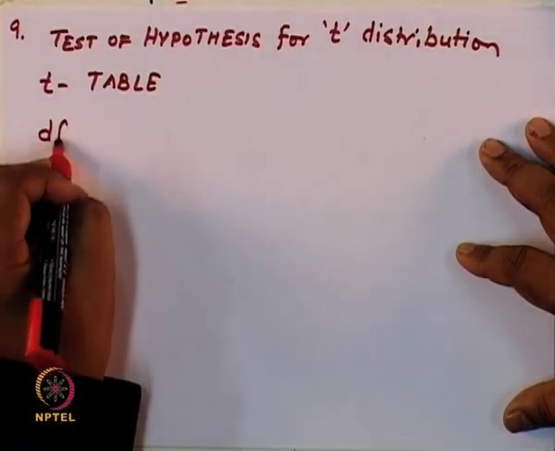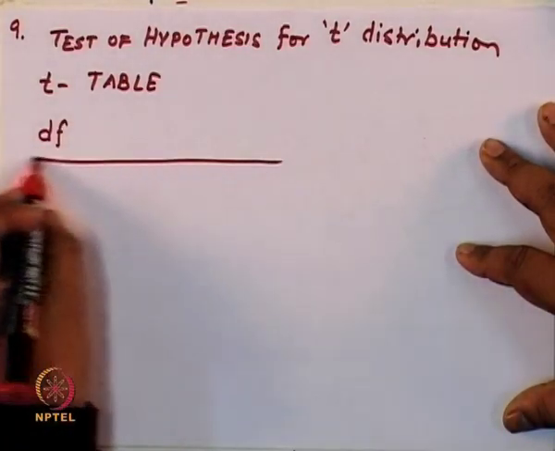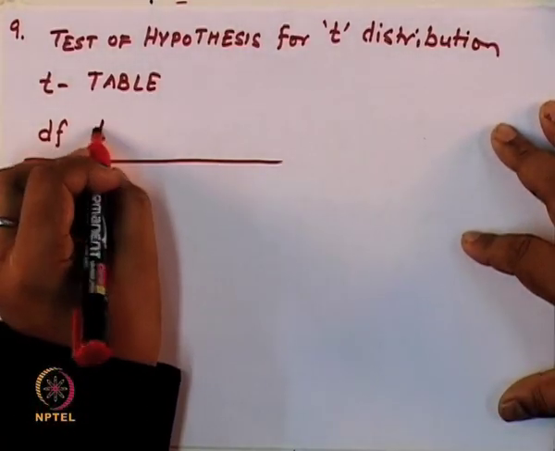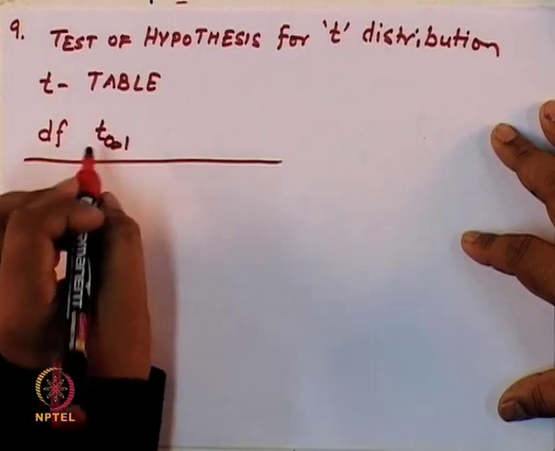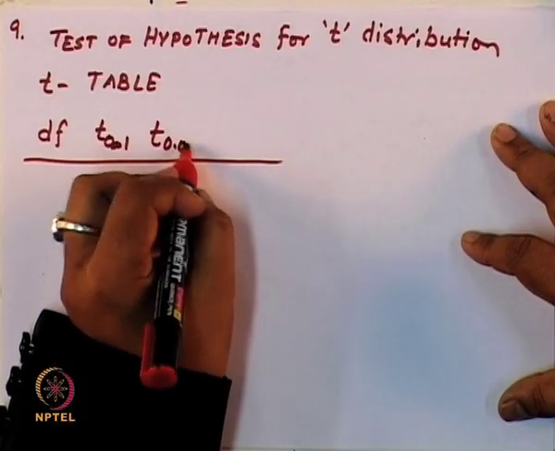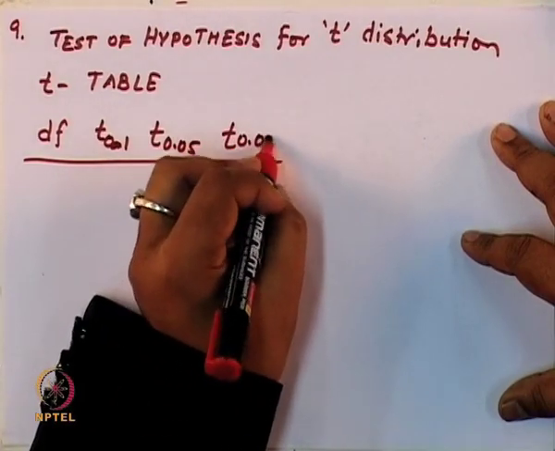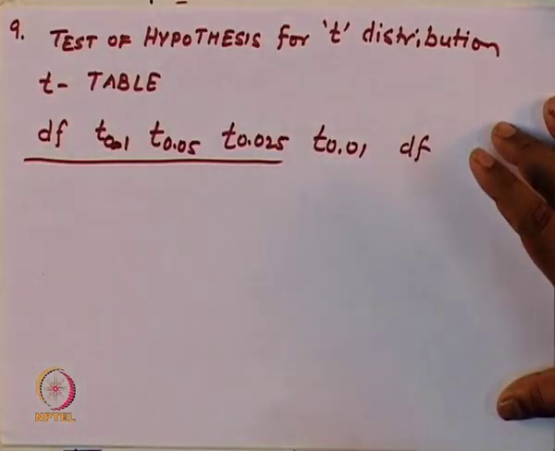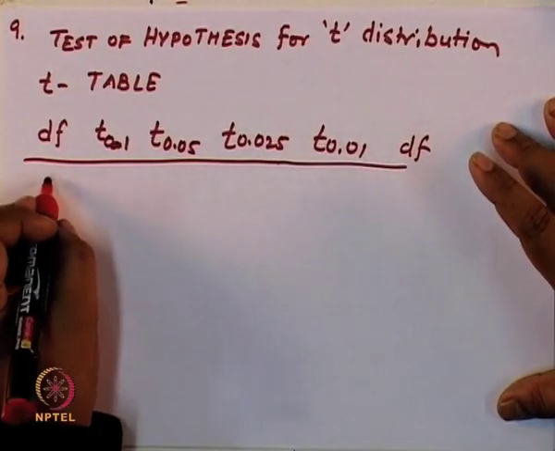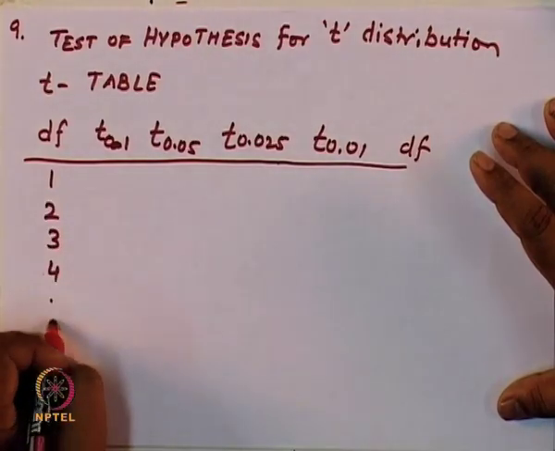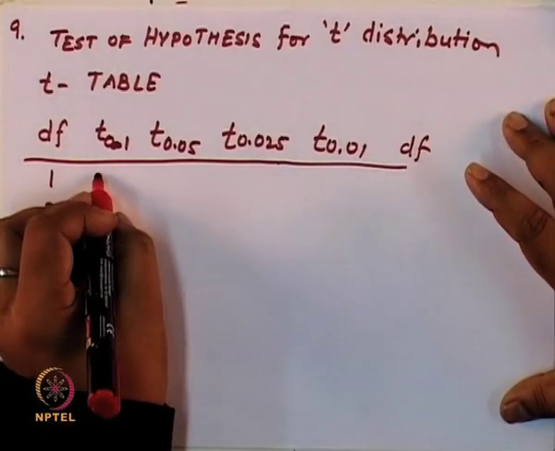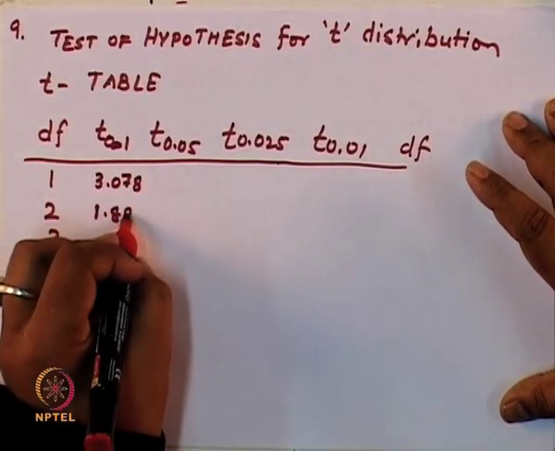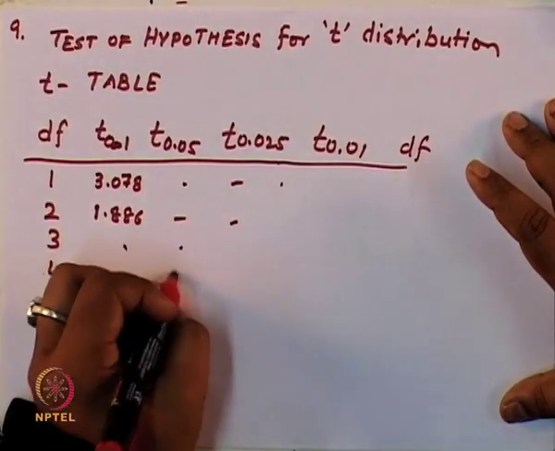You have df, the degrees of freedom, and you have t of 0.1, t of 0.05, t of 0.025, t of 0.01, and again the degrees of freedom. The degrees of freedom has values 1, 2, 3, 4, and you have these values provided, and so on and so forth.